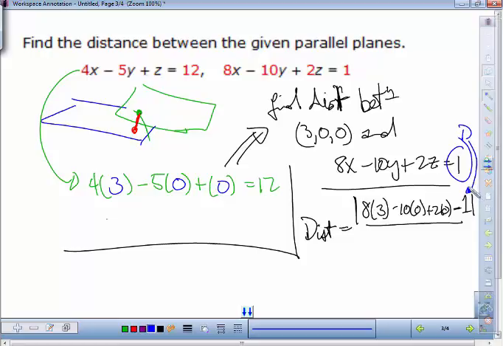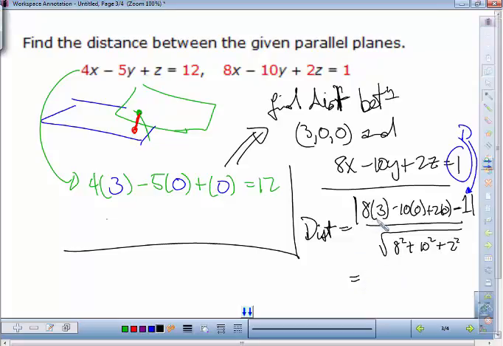D is what you get when you dot this with the plane, or dot any point on the plane. Divided by the magnitude of the normal vector, which is 8 squared plus 10 squared. It's negative, but you're going to square it, so it'll become positive. 2 squared. So 185, maybe? 64. 168 then. Yeah.